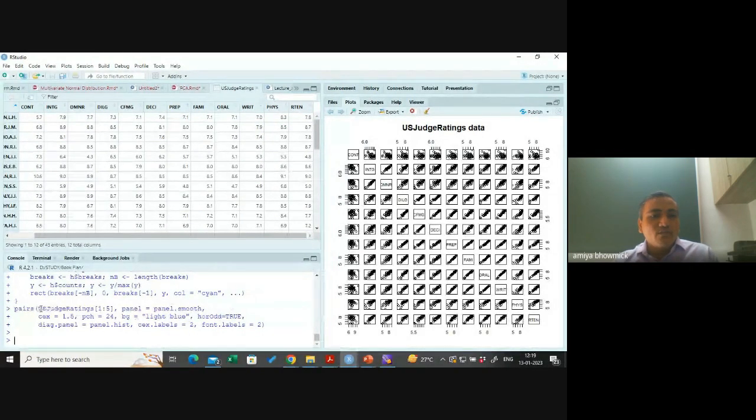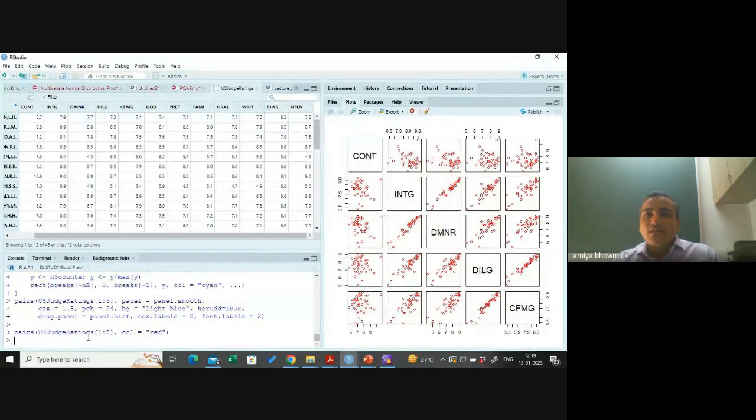Here, if we plot only the first five variables with pairs, with col equal to red, this is the plot.